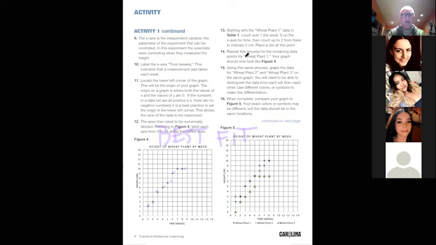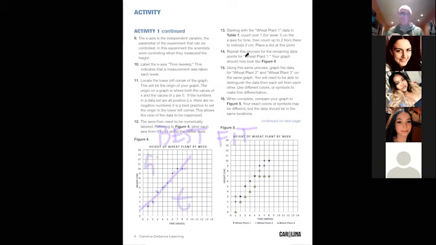So if we were to draw a line like that, it would look something like this. You see, I've got some points above it, some points below it, and a couple, like 3, right on it. So that would be a pretty good representation of my data that would show a linear relationship between time and the height.